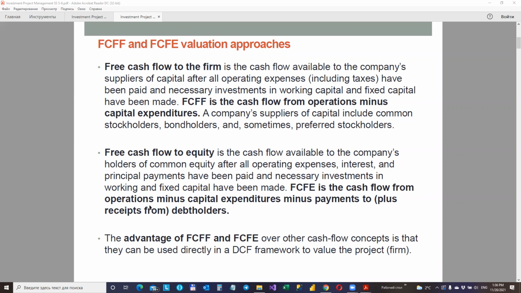The analyst would discount FCFF to find the present value of operating assets, adding the value of excess cash, excess in relation to operating needs, and marketable securities, and of any other significant non-operating assets to get the total firm or project value. He or she would then subtract the market value of debt to obtain an estimate of the intrinsic value of equity.